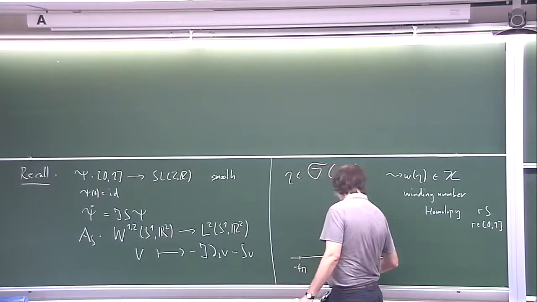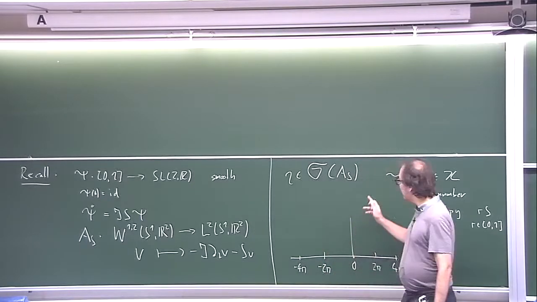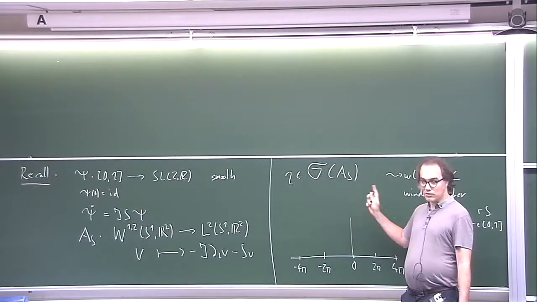And we have actually, multiplicity is always 2.